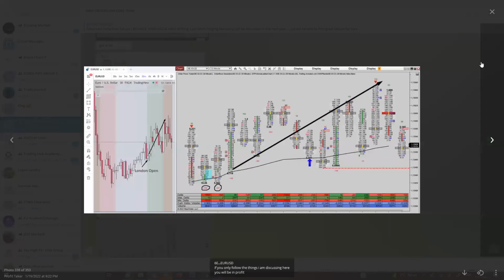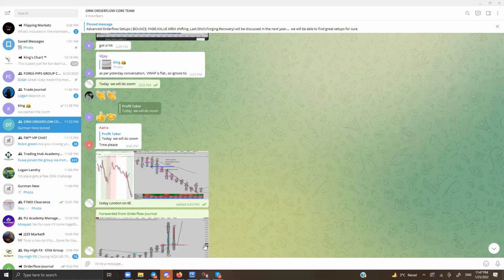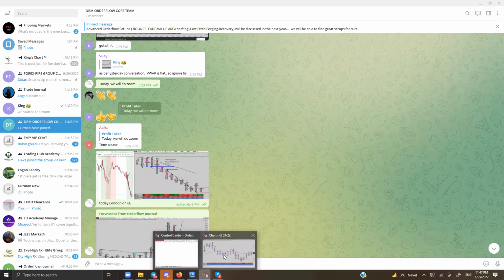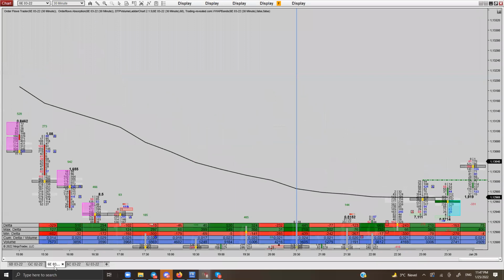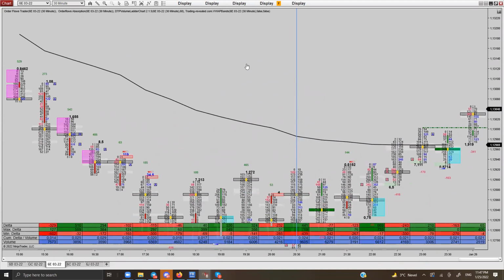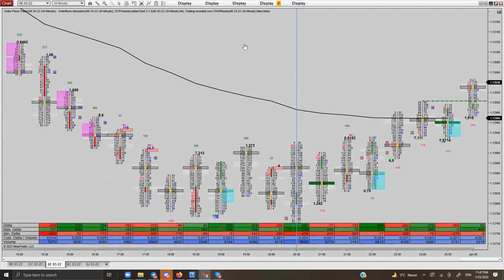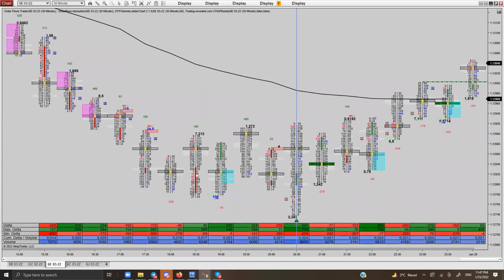Even in the Euro USD also, I'll show you. On the Euro USD today, I was talking to Gurman, the other member. I was telling him that when you are seeing these three, 1, 2, 3, all at the same place, that means euros usually go up.